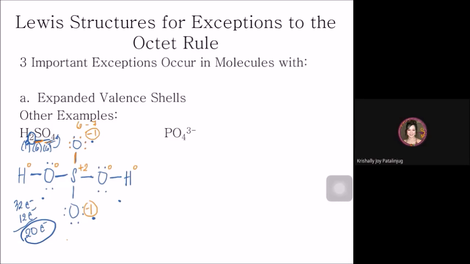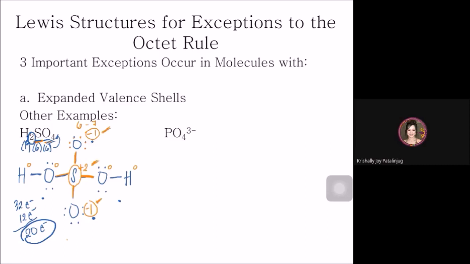Di ba? Kung titingnan nyo, na-attain ni sulfur yung octet. Na-attain niya yung octet, 4 na bonds, equivalent to 8 surrounding electrons. Na-attain nga niya yung octet, pero it has several non-zero formal charges.